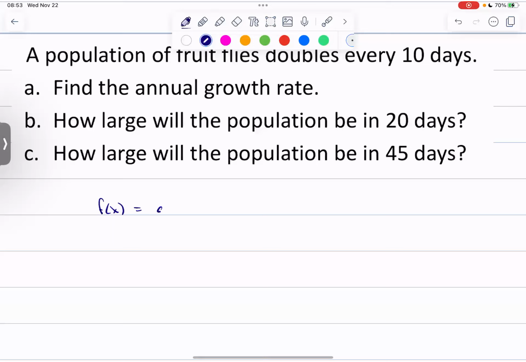So let's stick with that: A times E to the K times X. One plus R to the power of X. No, you could still do it, because you would have 2A is A times 1 plus R to the power of X. But we're given that X is 10 and A is going to cancel. You can solve for R.